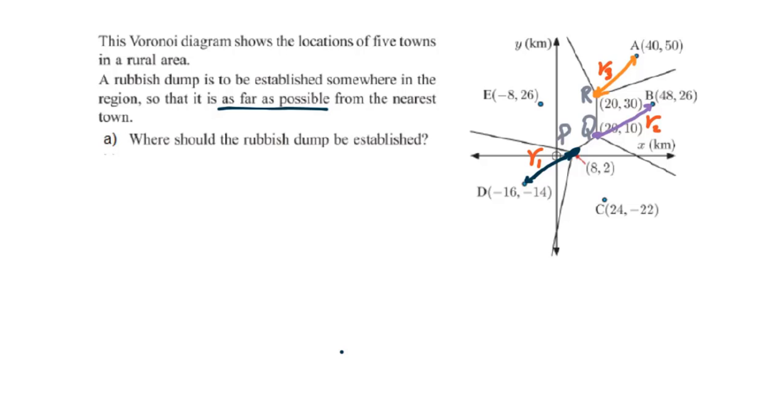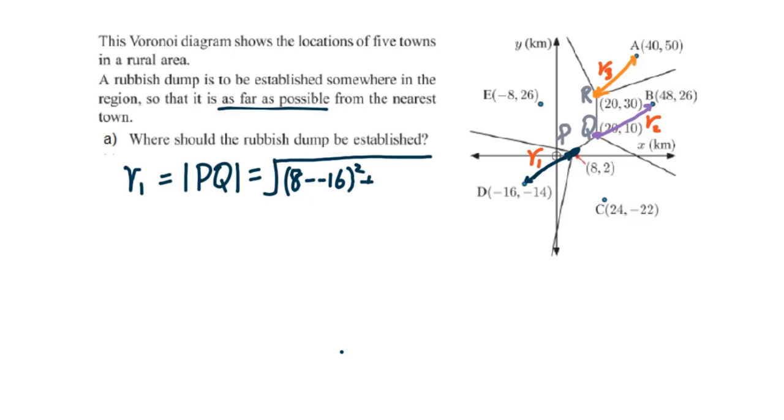We need to figure out the radius for each circle centered at each vertex. So for R1, we can get the absolute value of PQ, which means the square root of (8 minus negative 16) squared plus (2 minus negative 14) squared.